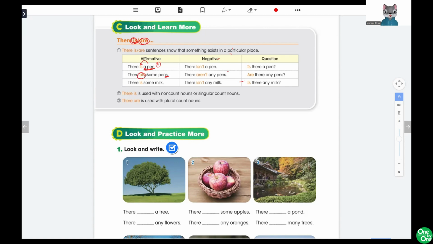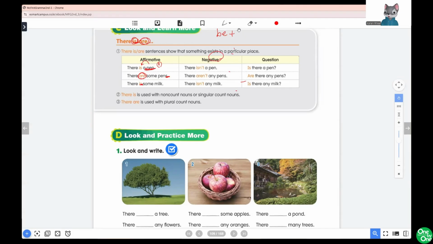If you cannot count, right? So liquid, things like juice, water, we can't count. So with these words, we always need to use the word is. If we put it into a negative form, what did I tell you? Behind the be verb, we always need the word not. Do you understand?